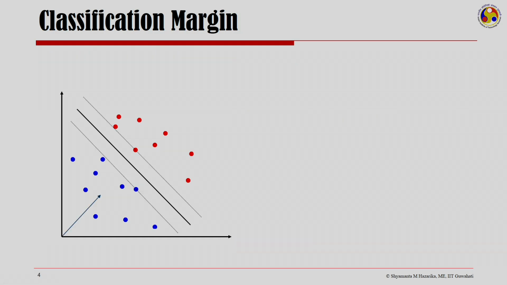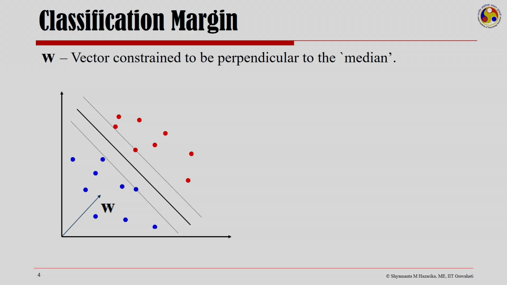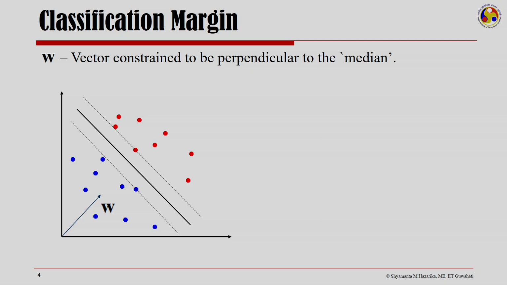So, while doing that, we want to figure out what would be the widest street that we can manage in between these positive and negative examples. And therefore, first we assume a vector which is constrained to be perpendicular to the median of the widest street possible.